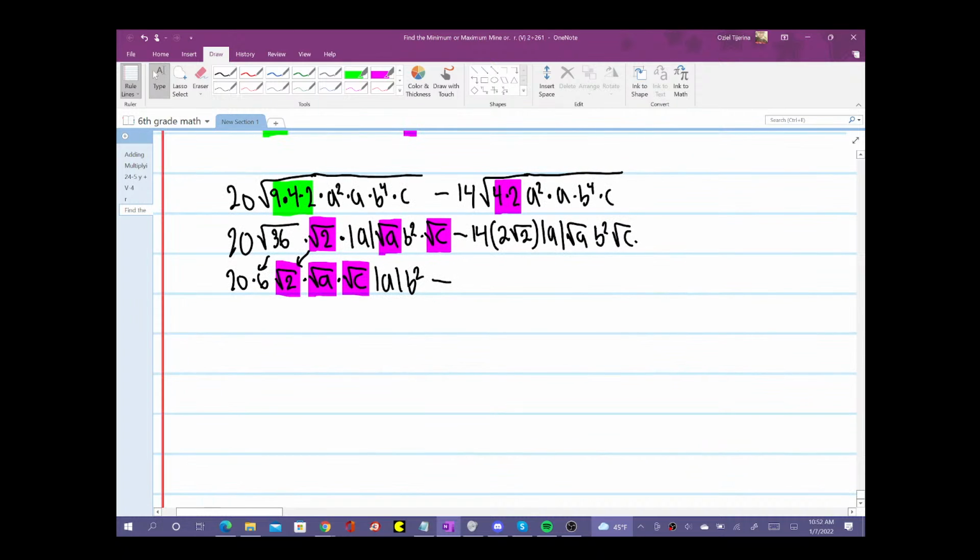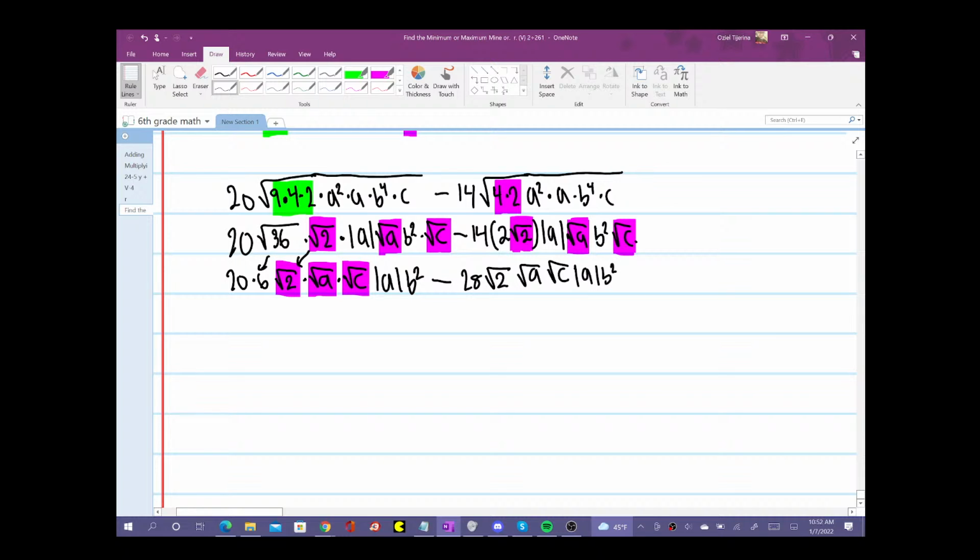Minus 14. So we're going to do actually 28 square root 2, square root a, square root c, and then absolute value of a times b squared.